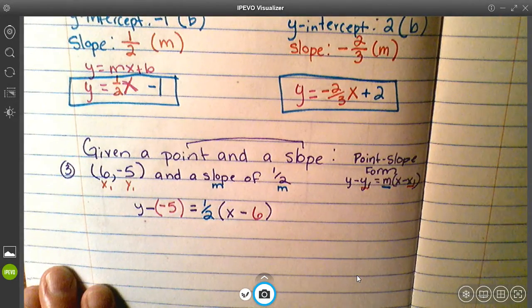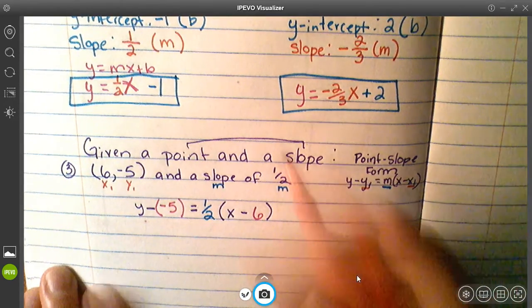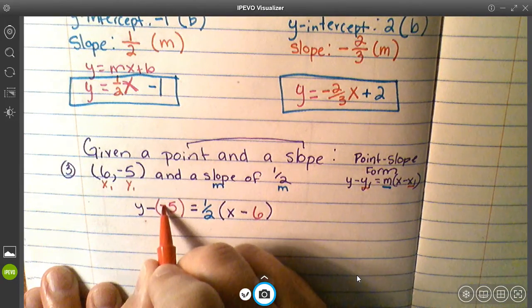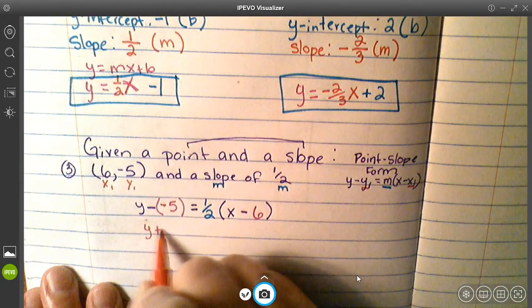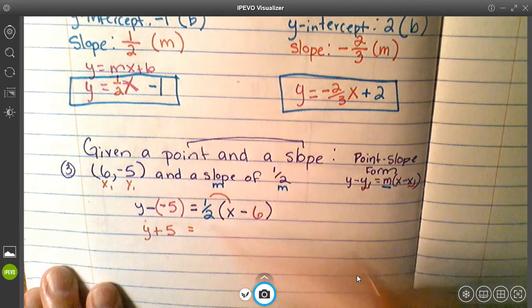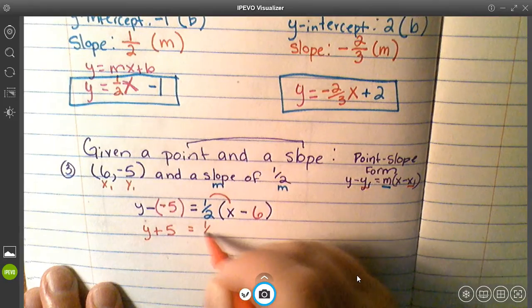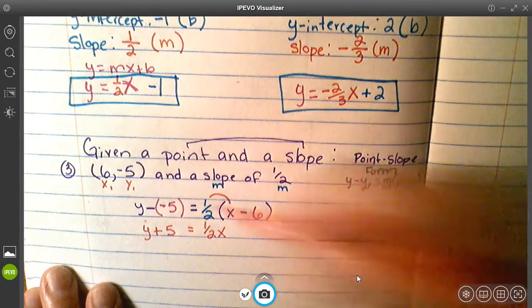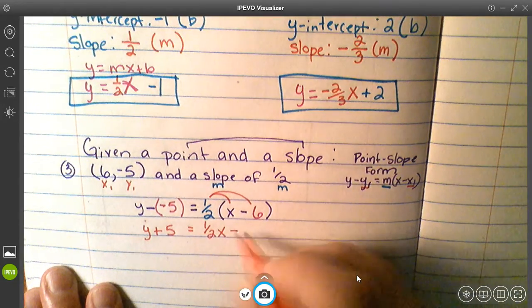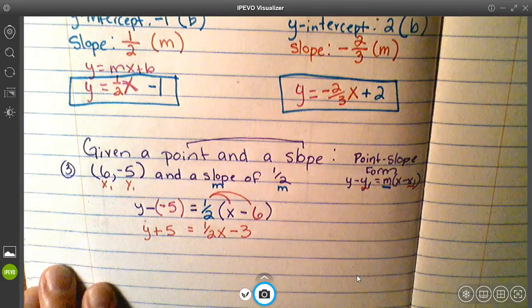And now I will just simplify this. And once I simplify it, it's pretty much going to be in slope-intercept form. So first thing here, I see a negative times a negative, which gives me a plus. And here I have to distribute 1/2 times x, simple, 1/2 x, and 1/2 times negative 6. So half of 6 is 3. So that's a negative 3.